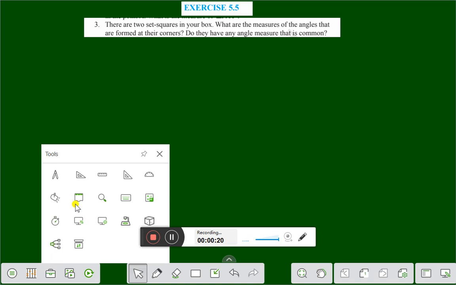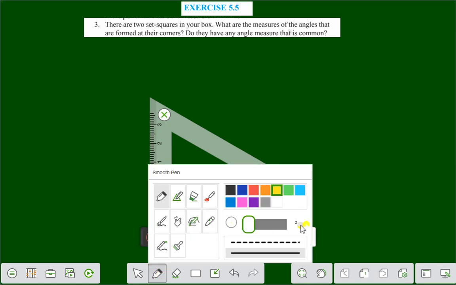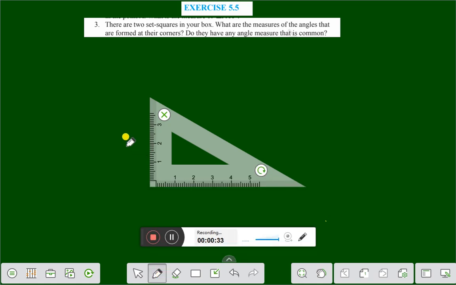Let us take one set square, this one. Okay. Here you see that this is a 90, 30 and 60 set square, right?